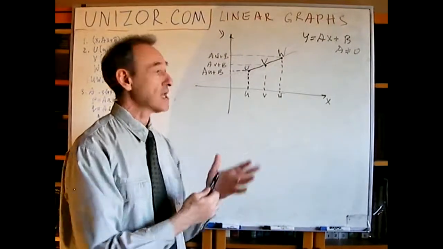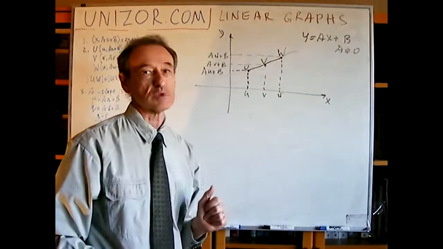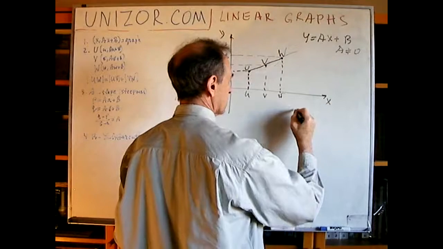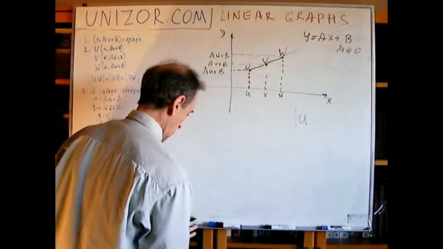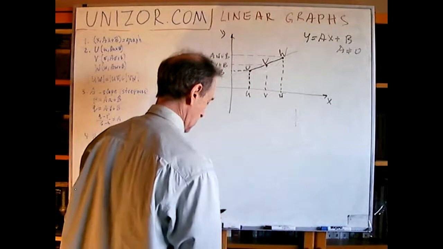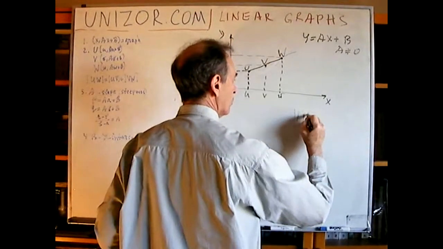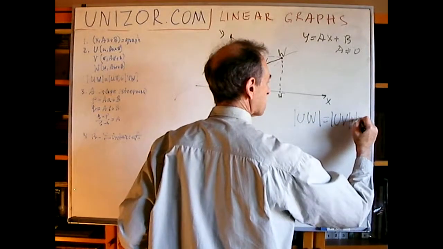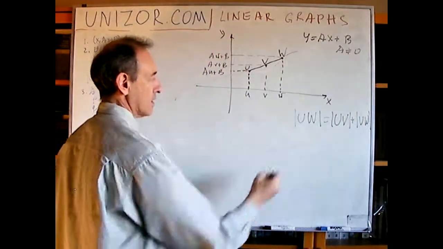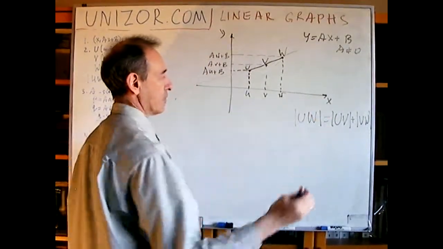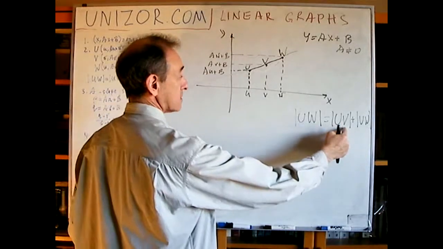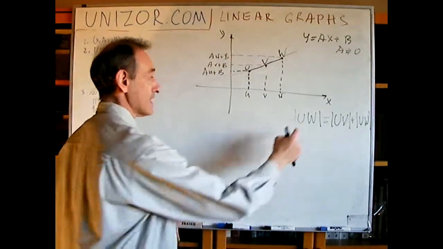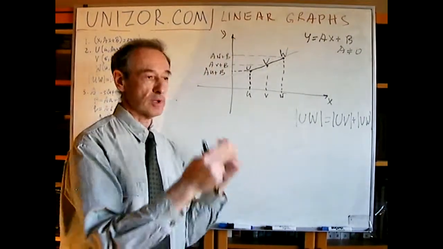And then I compare the sum of these 2 distances with the distance between U and W. So all I have to do is to prove that the distance from U to W is equal to the distance from U to V plus the distance from V to W. I use the distance between 2 points as an absolute value, and these are points actually on the plane. U, V, W, these are points. So that's what I have to prove using the formula for the distance.